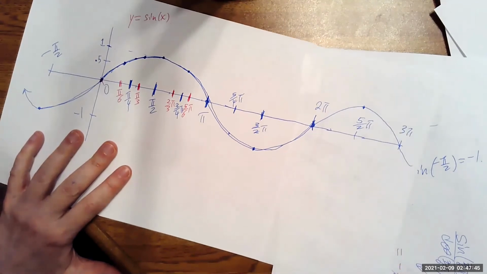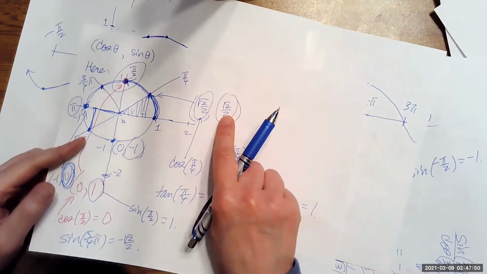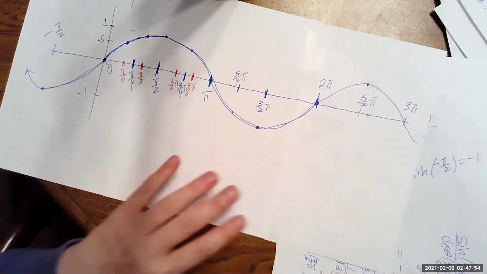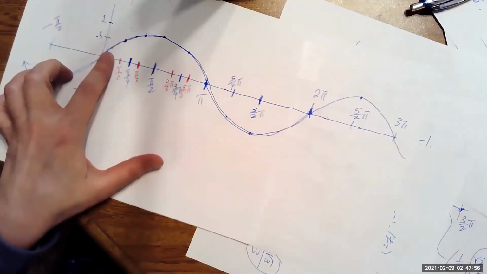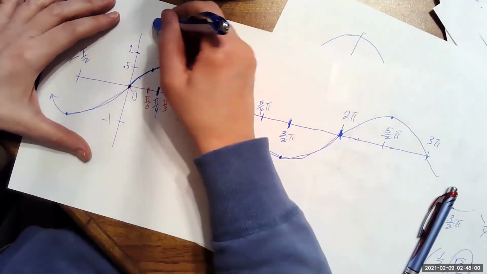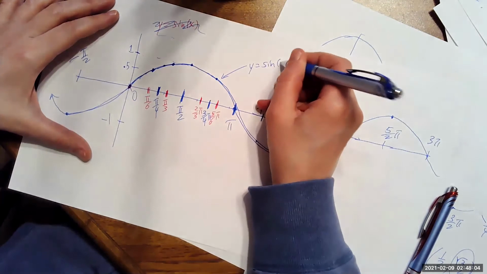If we wanted to get the graph of cosine, instead of grabbing the second coordinate, we'd grab each first coordinate. And I've already got these listed here. In fact, let me say this graph here is y equals the sine of x.